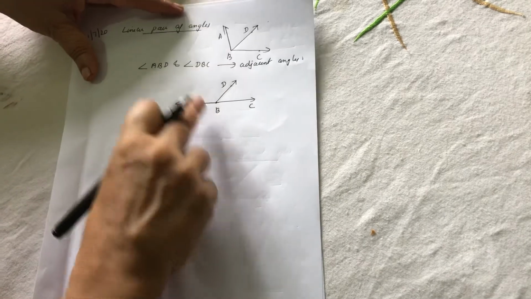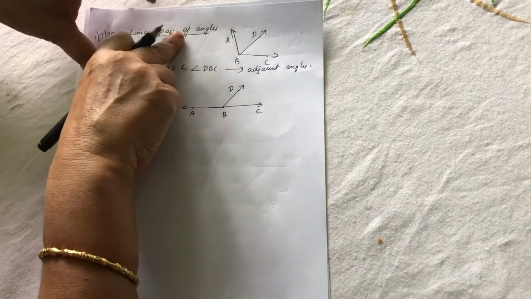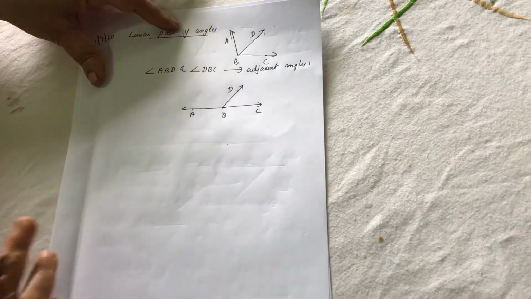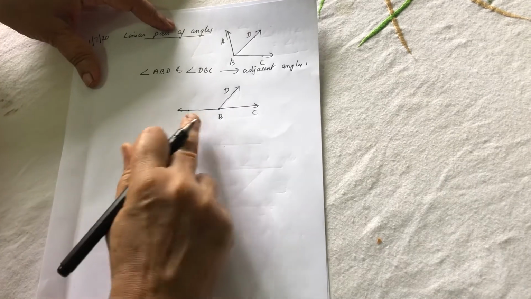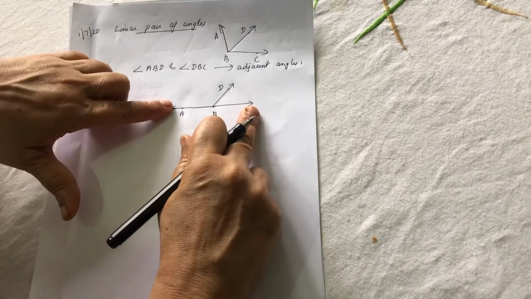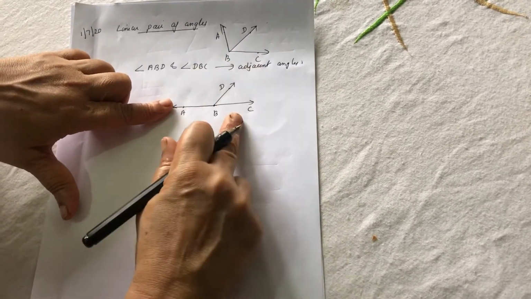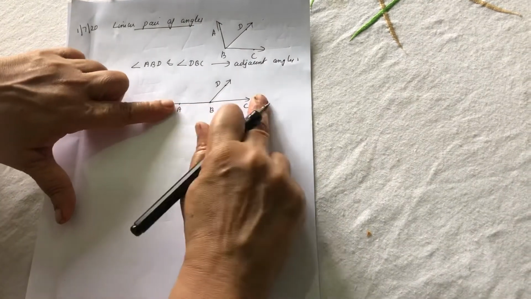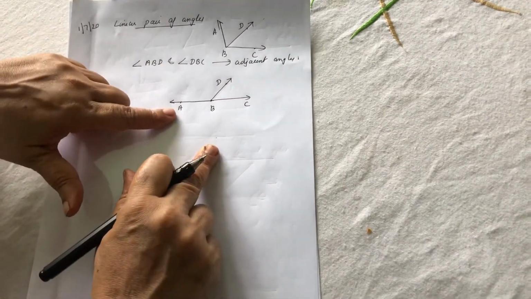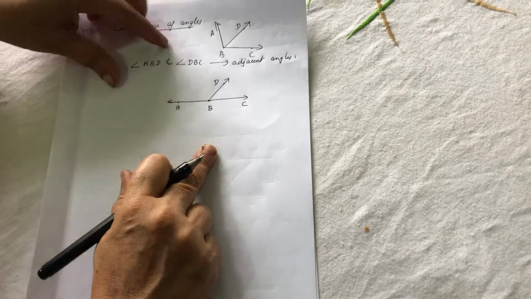That means the sum of these two angles is equal to 180. So how will you define a linear pair of angles? If non-common arms of two adjacent angles are opposite rays, they are called a linear pair of angles.